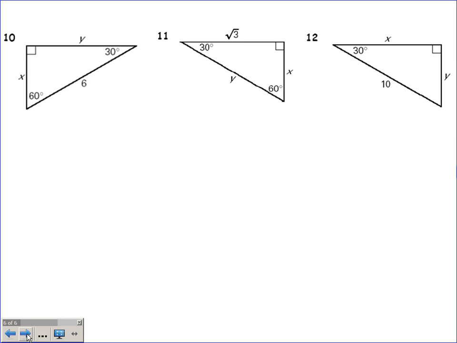Any missing sides? Nope. What side is X? Short. What side is Y? What side is 6? Okay, so if I'm given the hypotenuse equals 6, what do I find next? Okay, what's my formula for the short side based on the hypotenuse?